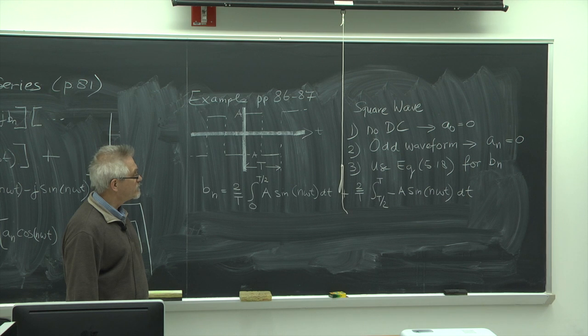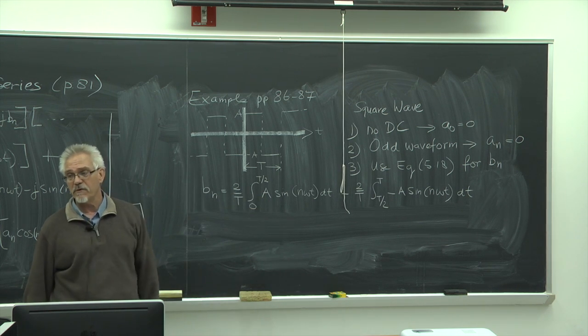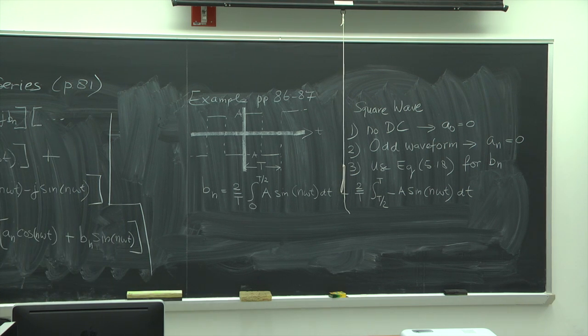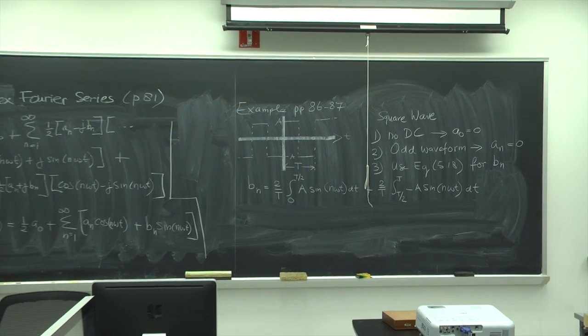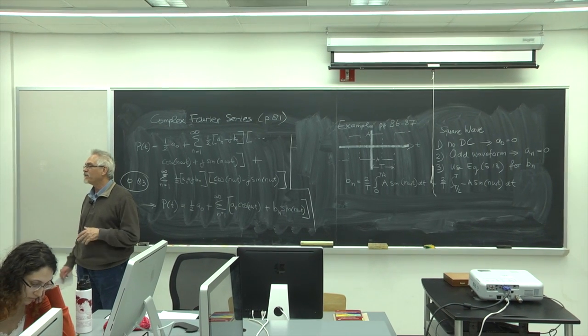But since my function is discontinuous, I'll just take each continuous part. That's actually one of the advantages of the Fourier series, that you can represent discontinuities in your function. If you just have polynomials, of course, that's a lot more difficult.